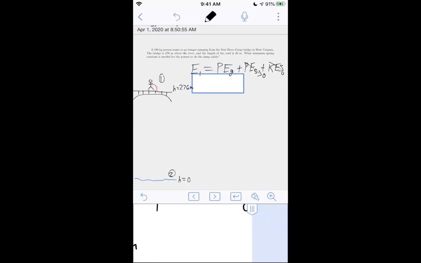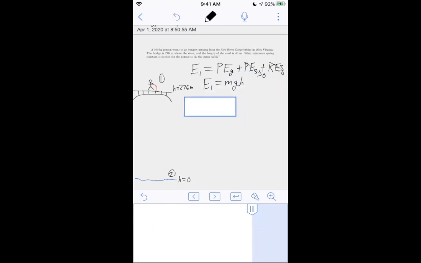So I can copy that down, and we remember the formula for the potential energy due to gravity. It's the mass of the person times the acceleration due to gravity, g, and then times the height, h. Right, so we start with just potential energy due to gravity.